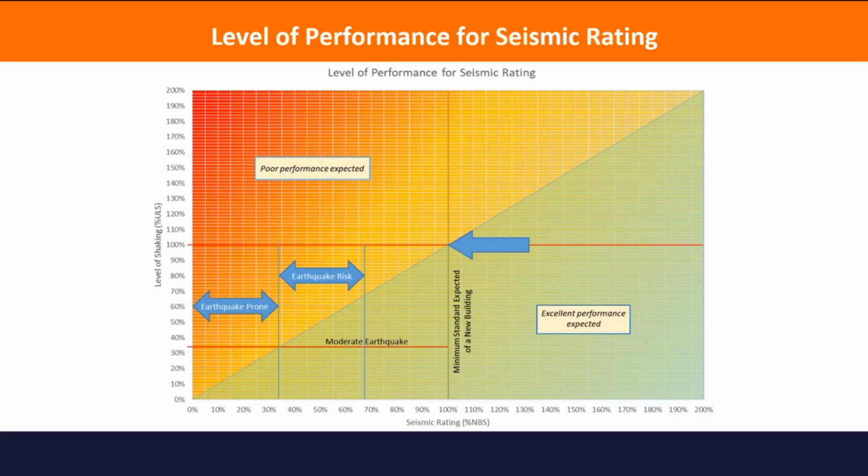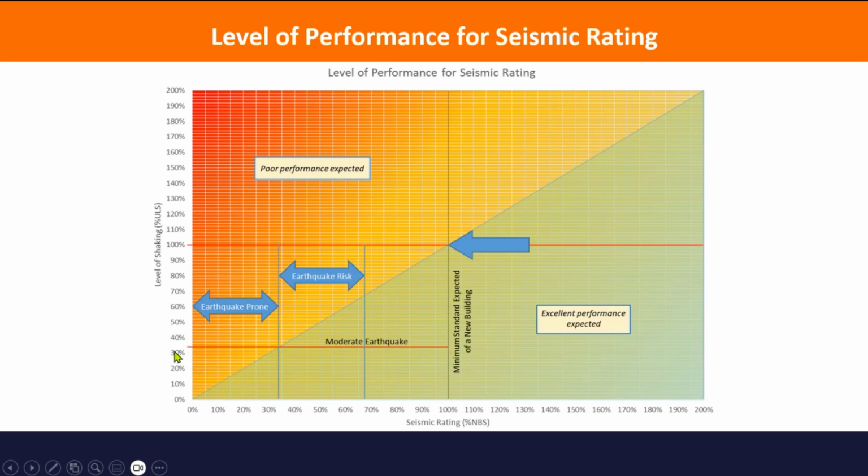Here in the middle, if your building is 100% rated, 100% NBS, then it's going to perform pretty well in a typical earthquake, a design level event. That's defined in the code 1170 part 5. Moving down the scale, if it's less than 34%, and this is a fairly arbitrary number, you're going to be an earthquake-prone building.